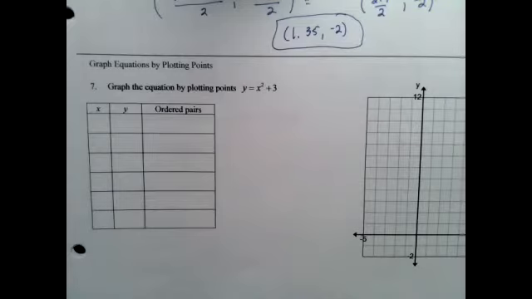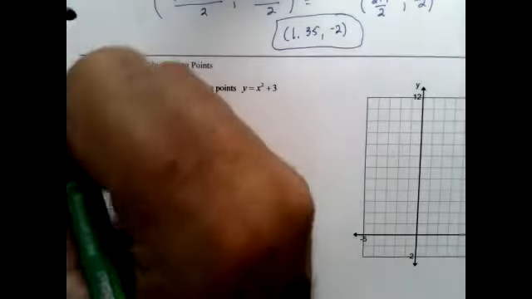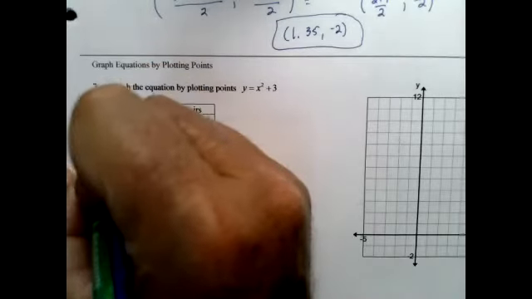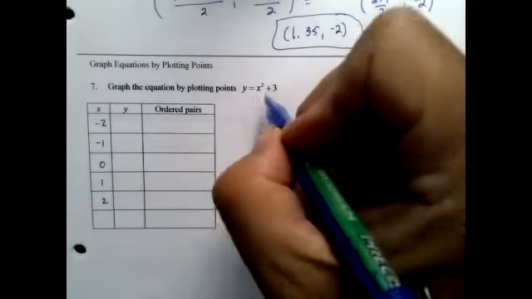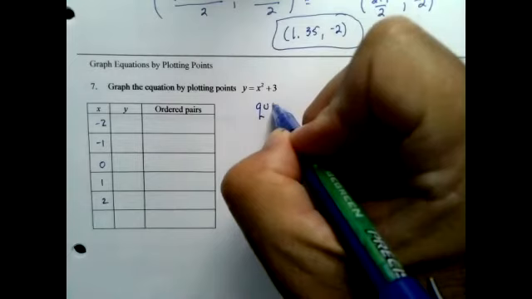Graph the equation by picking points. Well, I'm looking at the graph down here. I'm going to pick these points for X: -2, -1, 0, 1, and 2. And if I plug those values in, pick the points and graph it, this is one of my quadratics.